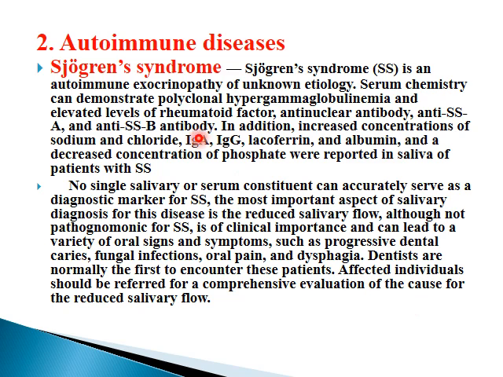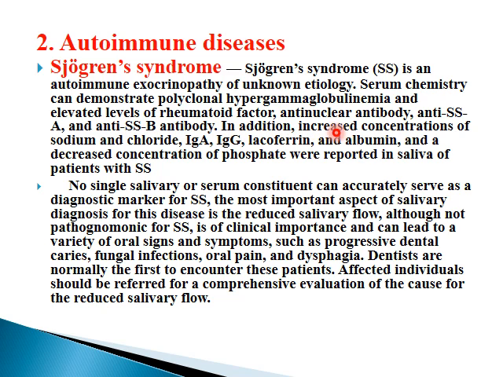The second disease is autoimmune disease, like Sjogren's syndrome. Sjogren's syndrome is an autoimmune exocrinopathy of unknown etiology. Serum chemistry can demonstrate polyclonal hypergammaglobulinemia and elevated levels of rheumatoid factor, anti-nuclear antibody, anti-Sjogren's syndrome A, and anti-Sjogren's syndrome B antibody.